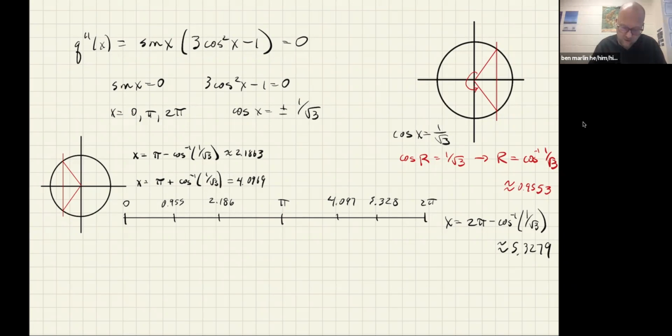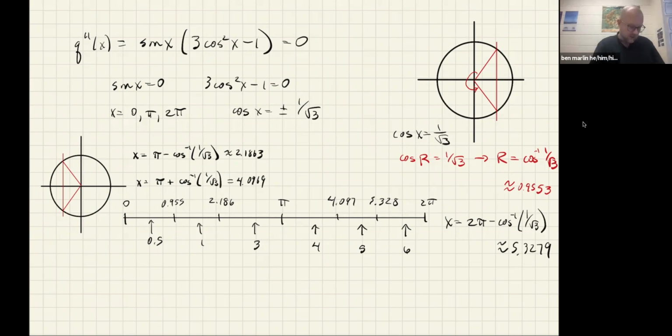Okay, so we need some test values. And in here, a good test value would be maybe 0.5. If you're saying, oh my gosh, that's not a special angle, you're correct. But the thing that we're going to want to do is to plug this into a calculator and just let it do things for us. So just plugging these values in is going to let us figure out stuff.